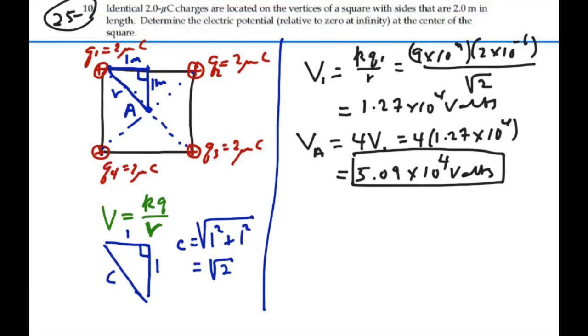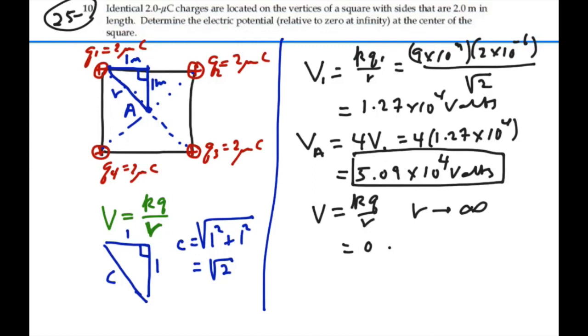Now, we want to do this relative to something. We always have to have a potential relative to something, same way that we would have a height of a hill relative to some zero ground level or zero level that we choose. So in this case, we're choosing infinity, and we would notice in general that the potential of a charge at infinity, where r approaches infinity, would be 0.